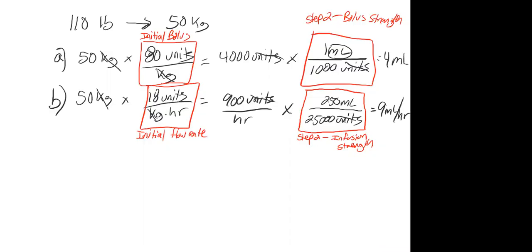The only thing that I can change on this particular type of question is the patient's weight in pounds, which would change the patient's weight in kilograms. But whatever I got in kilograms, times 80, divide by 1,000, times 18, and then this is actually dividing by 100. I would follow that same flow every single time.